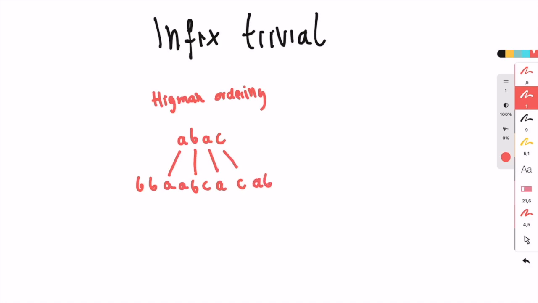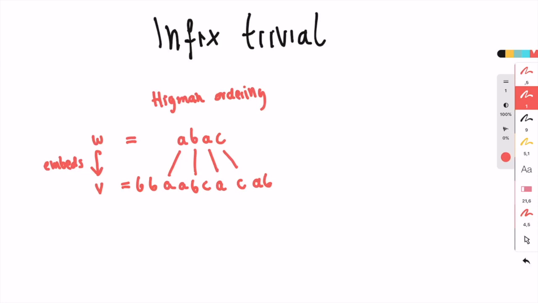So I will write the Higman ordering like this. So if this is W and this is V, then I will write like this. You don't need to add any positions. So W embeds into V.